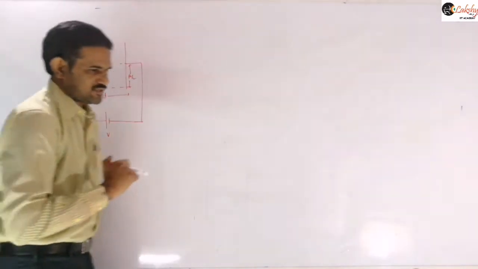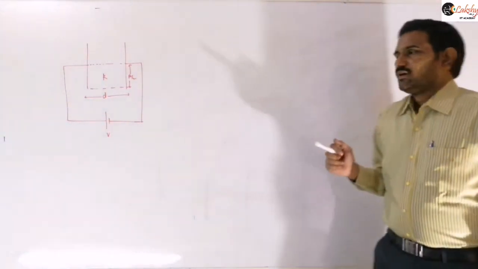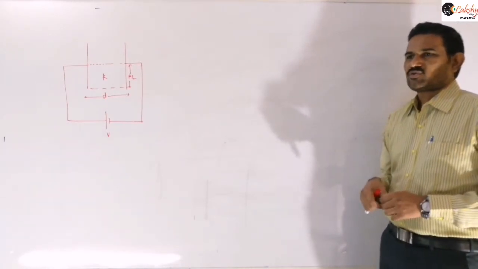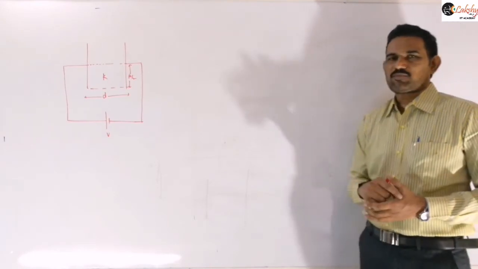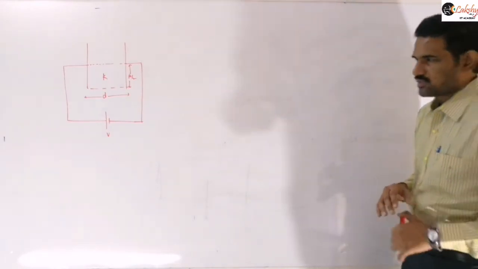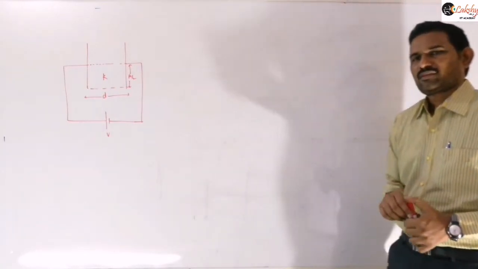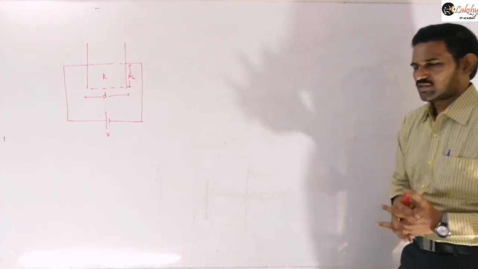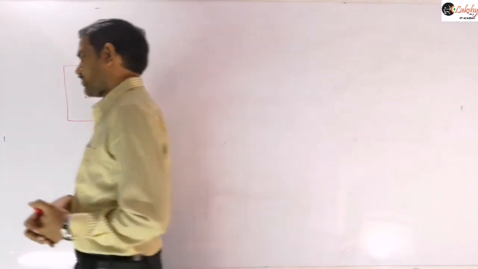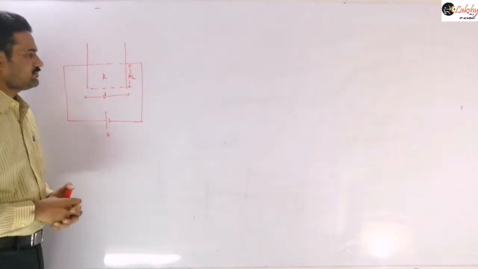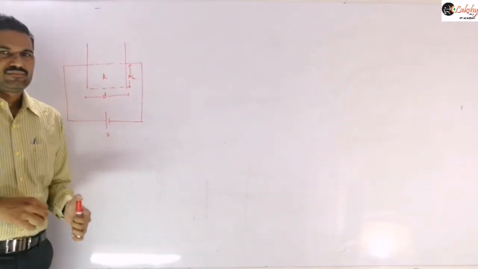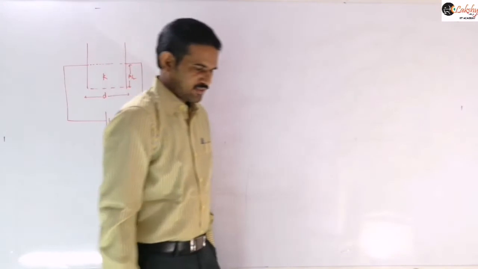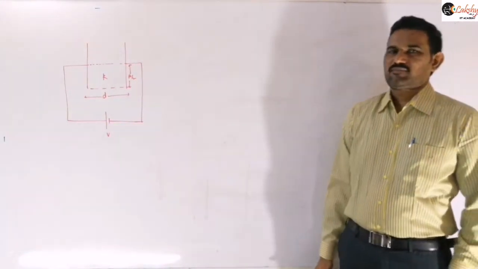So write it as a question first. Write the data. In the circuit shown below, half of the space between the plates is filled with dielectric of dielectric constant K. Find, first, the effective capacitance.